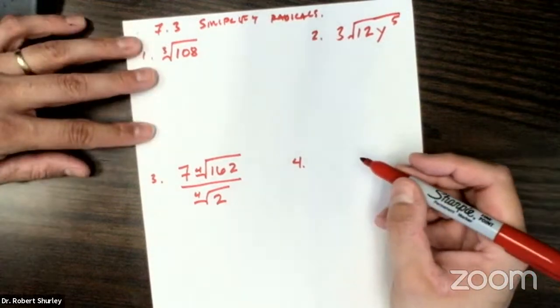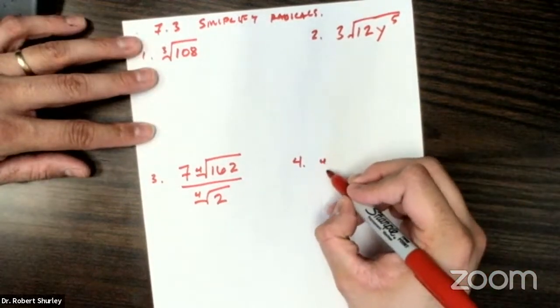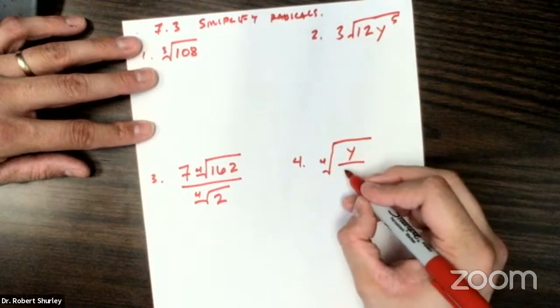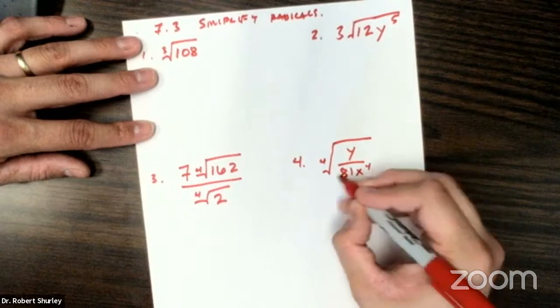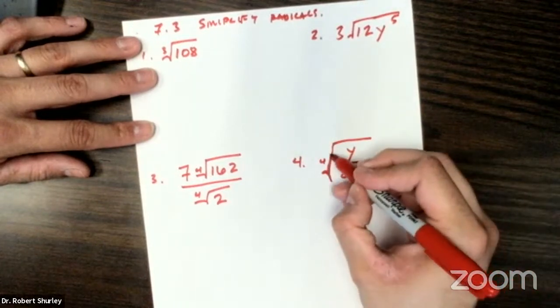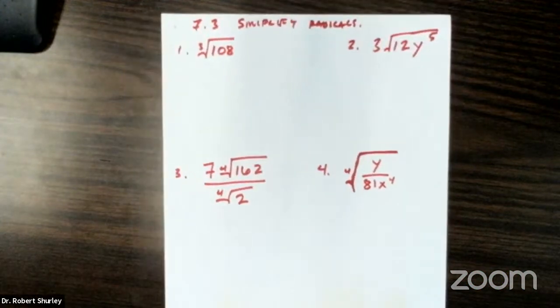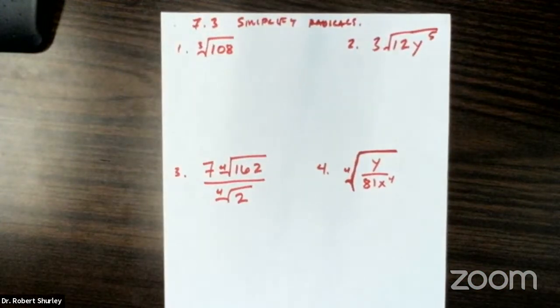Let's say we do the 4th root of y over 81x to the 4th. So this one is the 4th root's over the whole thing. So try those 4. I'm going to give you a few minutes, about 5 minutes, just to get those done. And it's okay if you're not completely done.